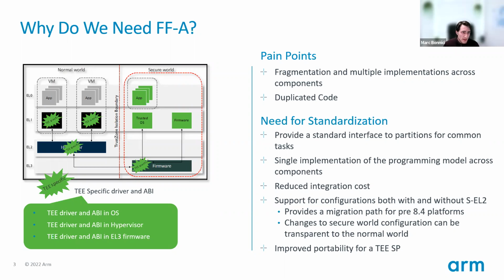Just as an example, if we take a DRM, secure video path use case, essentially the requirements here are to provide the trusted operating system with some memory that it can use for a given use case and ensure that it's not readable by the OS, in our case, Android.